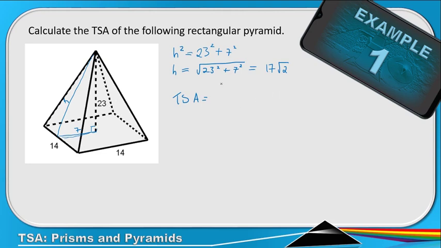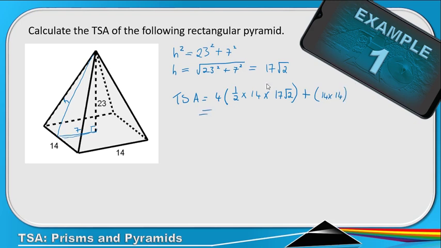Then calculating the total surface area, we have our 4 identical triangles. So that means we have 4 times the area of a triangle, half base times perpendicular height. So half times our base, which is 14, and our perpendicular height, which we calculated, is 17 square root of 2. And then we add the area of the base of the pyramid, which is just a square, so that's 14 times 14, or length times breadth.